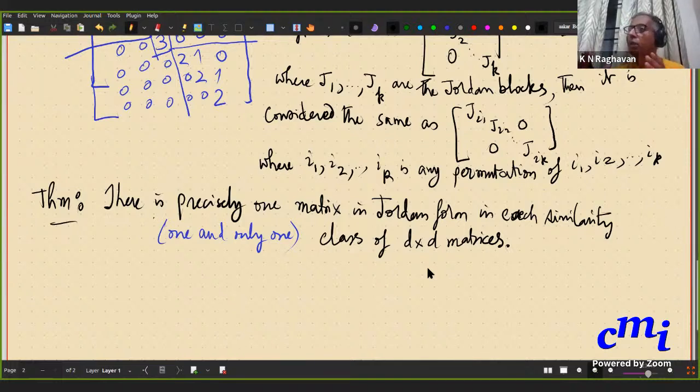So the row reduced echelon form also has this property. There is a unique matrix in row reduced echelon form in every row equivalence class of matrices. Similarly, there is exactly one matrix in Jordan form in each similarity class.